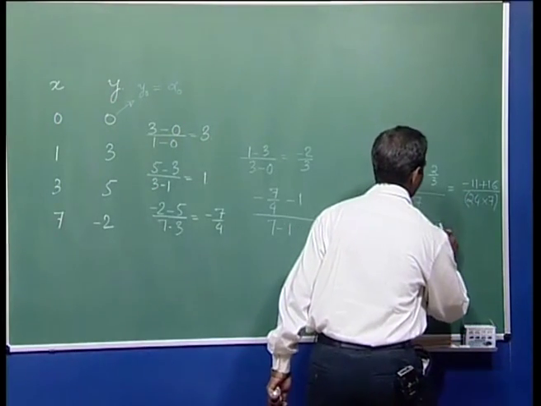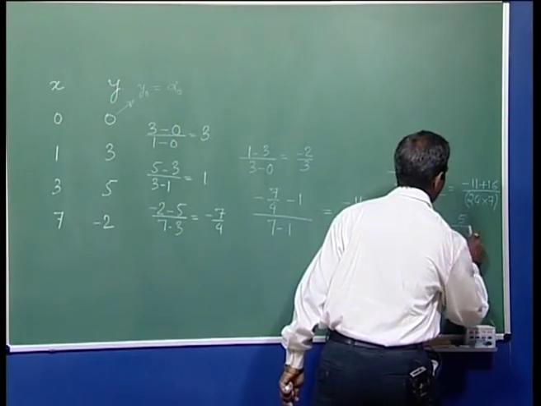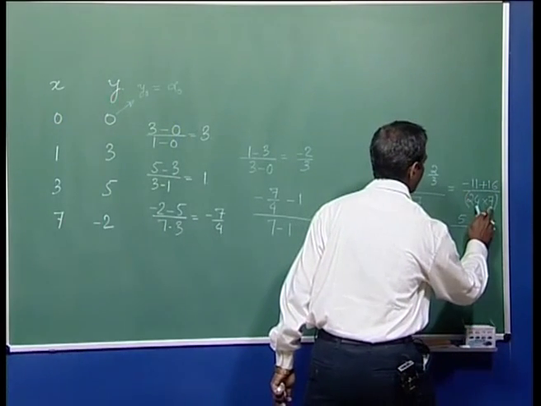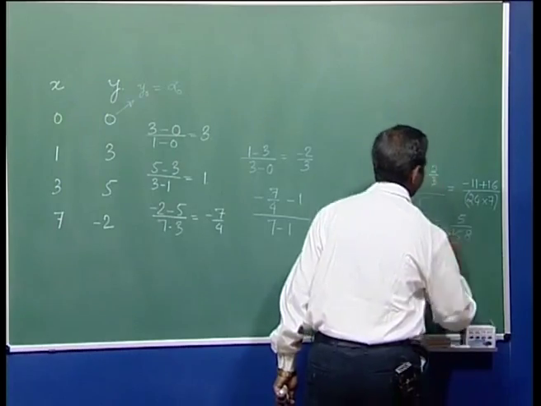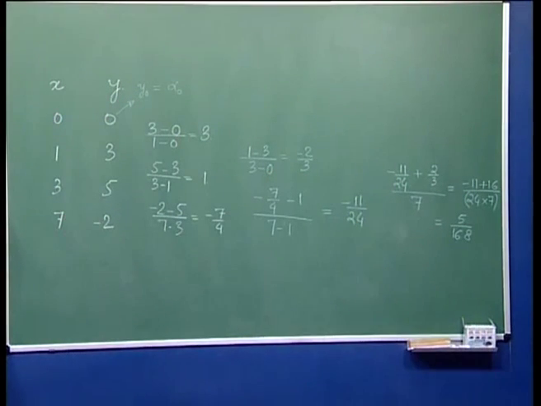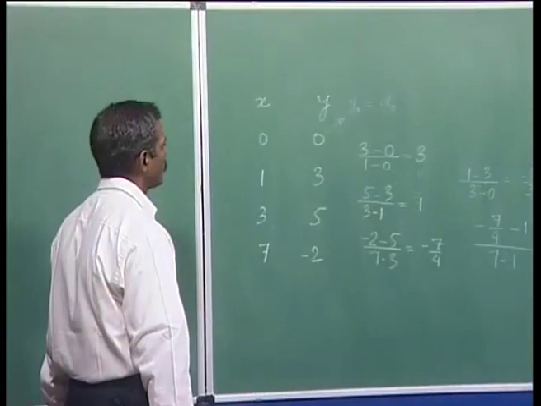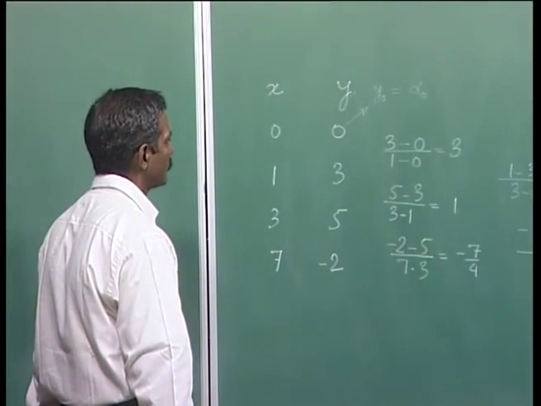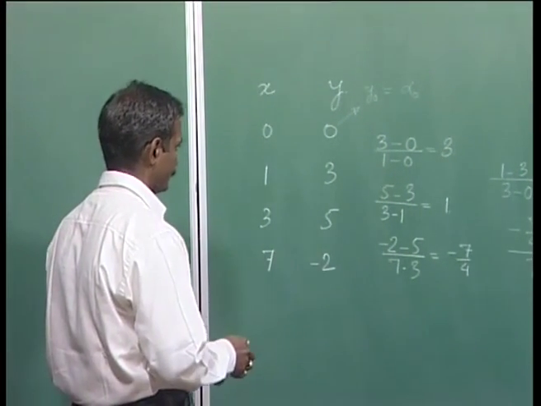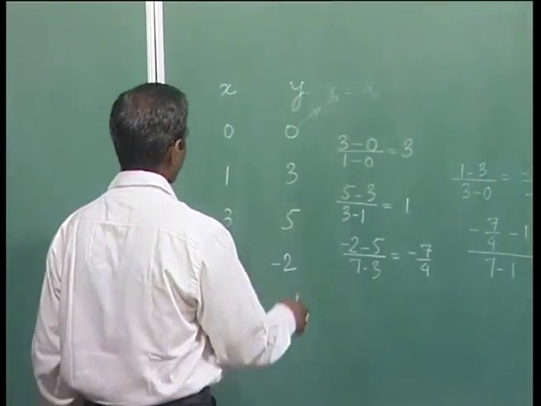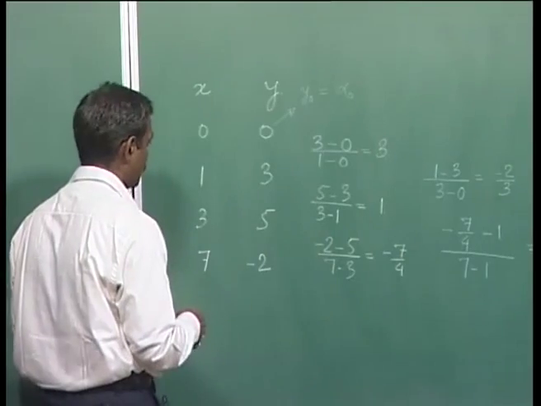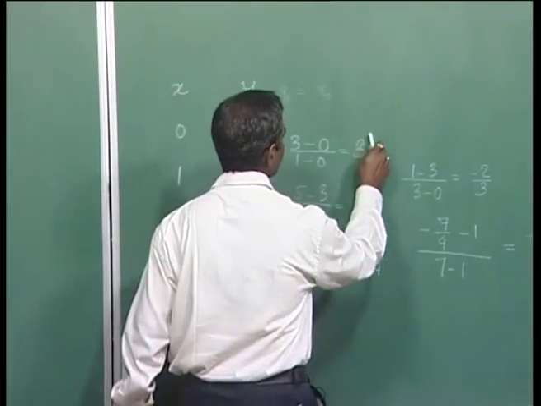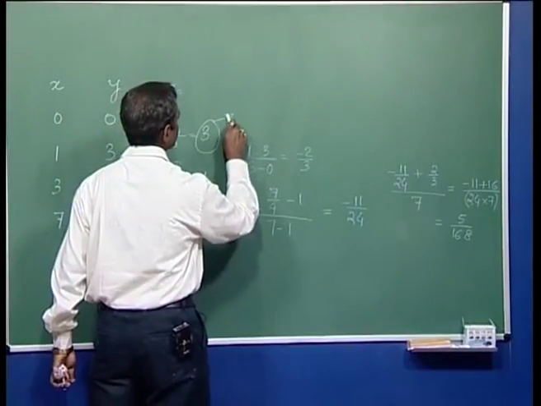This is equal to 5 over 168. Now, where are my unknowns alpha 0, alpha 1, alpha 2, and alpha 3? In this converging triangle, this is where the unknown coefficients are.